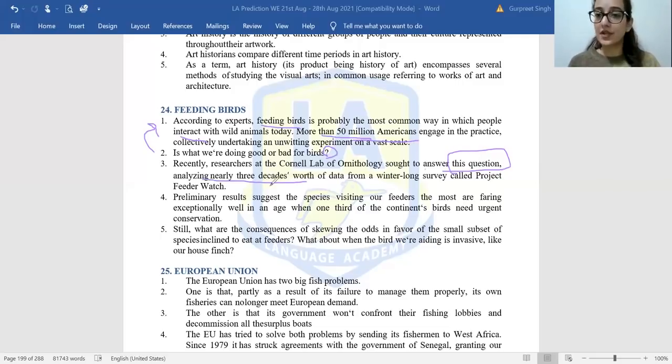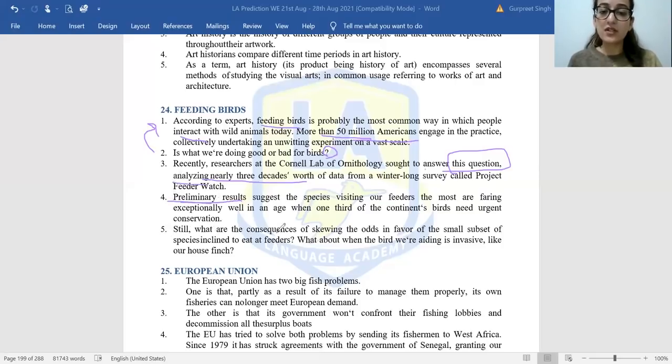And once we analyze something, what comes is results, preliminary results. So after the analysis, the results suggest that species visiting our feeders the most are faring exceptionally well in an age when a third of the continent's birds need urgent conservation. Whatever the results are, you just focus on the order: first the analysis, and then the results of the analysis.